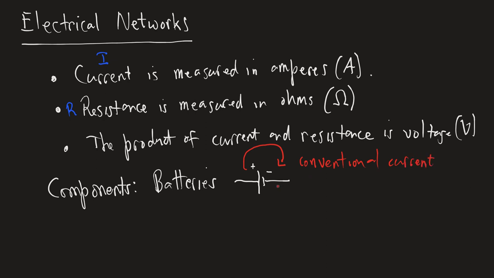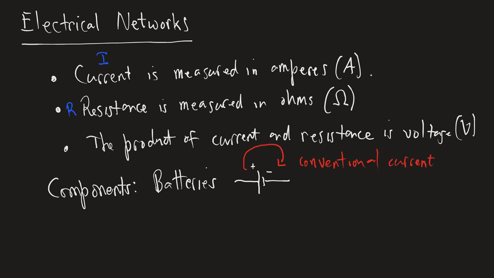There are other things flowing in a circuit; for instance, electrons flow in a circuit. They tend to flow in the opposite way, but we're just focusing on conventional current.